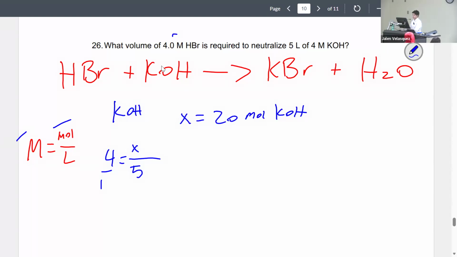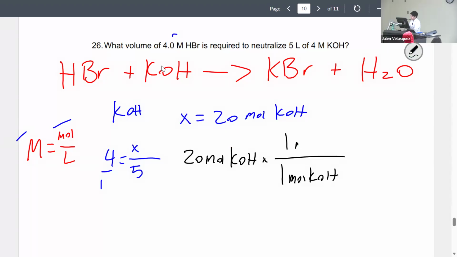Yes, and how would I do that? The mole ratio. Moles of KOH, it's a 1-to-1 ratio, and you just get 20 moles HBr.